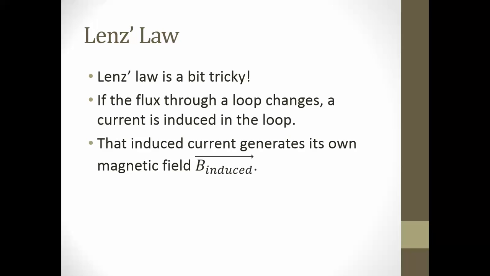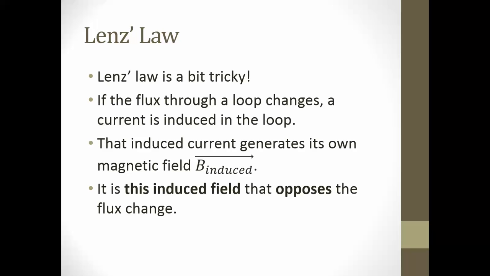The induced magnetic field is going to try to oppose the change in flux. Basically, you can think of it as the system wants to return to an equilibrium state or to its original state. So let's say we have an increased flux, we're going to create a magnetic field that opposes it to try to decrease that flux again.